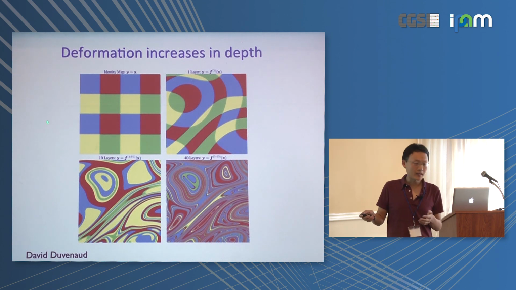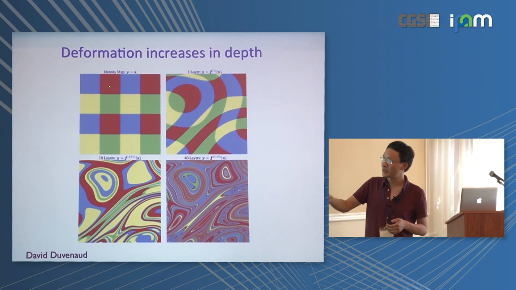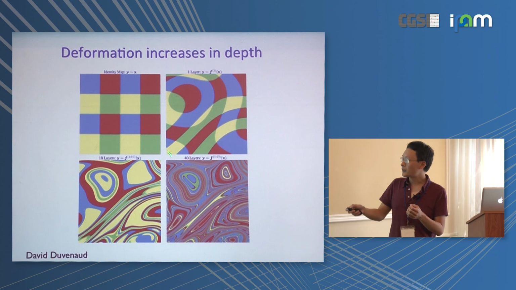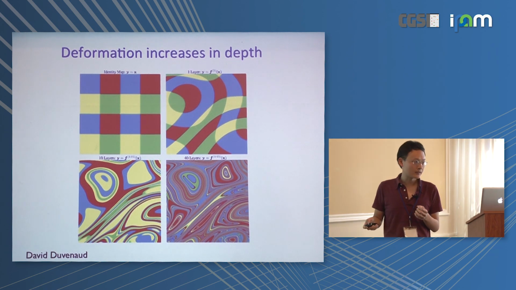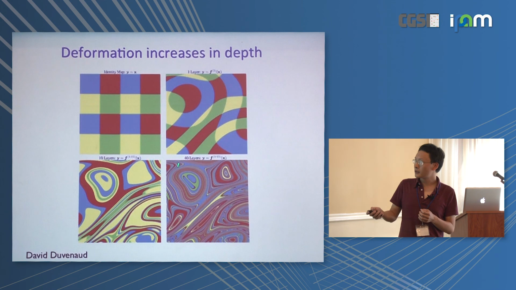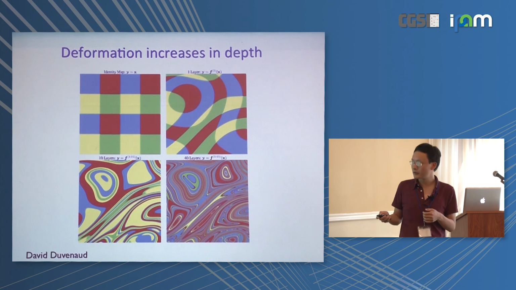Why does this matter? Because if you take two points that are close to each other in the original input space, like the image of the panda and something very close to it, they could map to places that are very far apart in the output space. This shows how the distortion changes as the depth of the function increases.